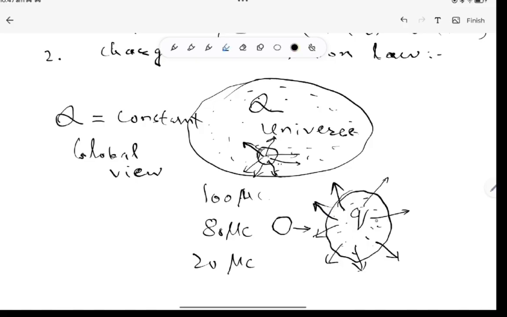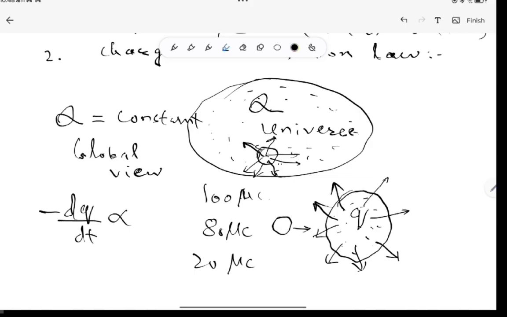These arrows show movement of charge across the surface. This is like electric flux. Instead of electric field passing through the surface, we now have charge passing through the surface. Now, the rate at which this charge will decrease, its rate of decrease is minus dQ by dt.